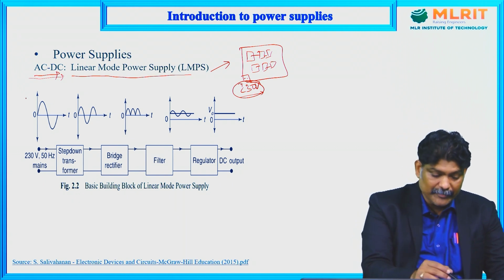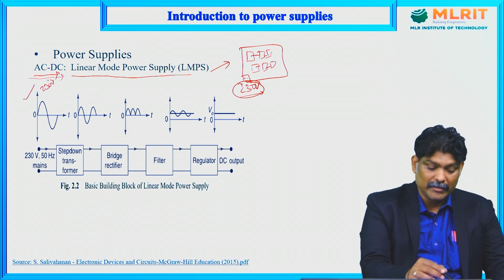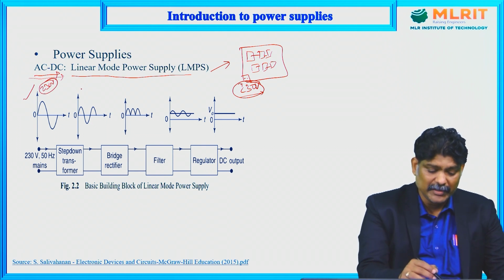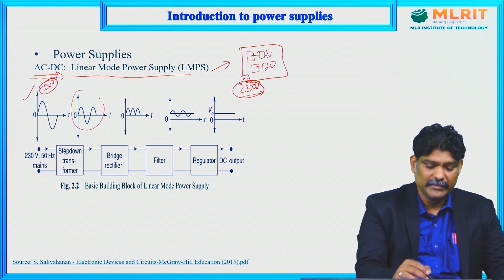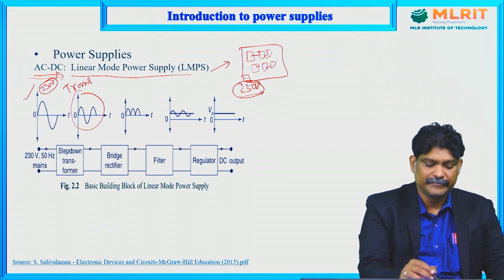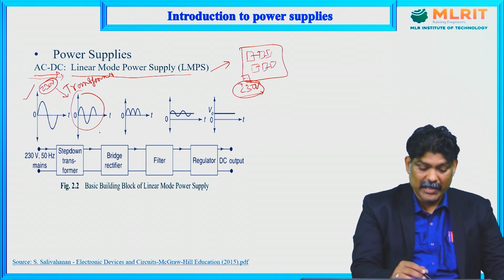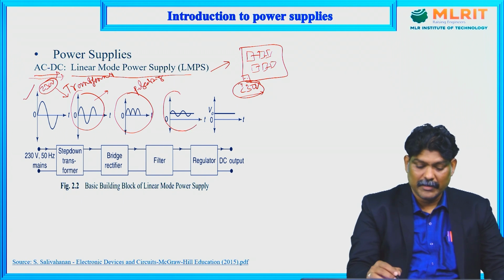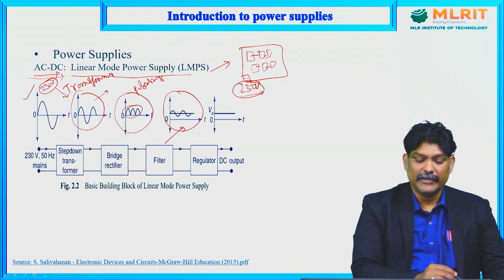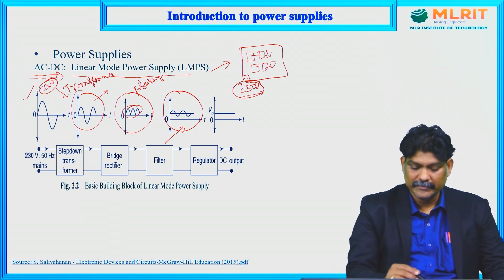Here you see the 230 volts, which will be reduced to a smaller voltage using a transformer. After that, if you apply this voltage to a rectifier, this gives the pulsating DC, and a filter then reduces the pulses or ripples. After that this filtered output is applied to a regulator.